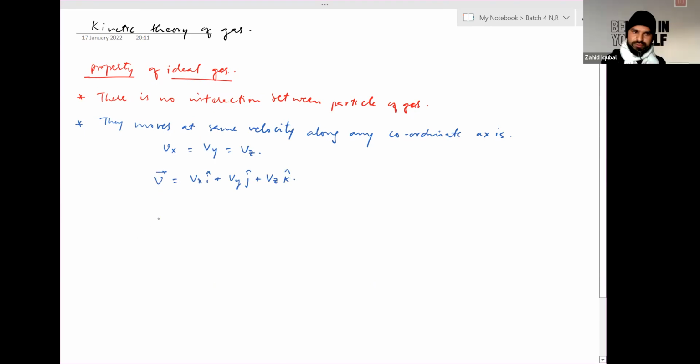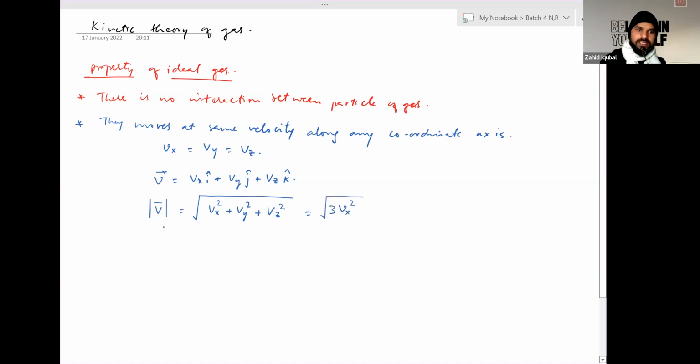If you take the magnitude of this quantity, V mod equals root under x component square, y component square, and z component square. Since all these velocities are equal, it will be root under Vx square, Vx square, Vx square, or simply 3 times Vx square.